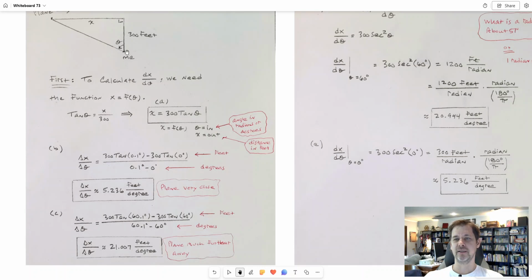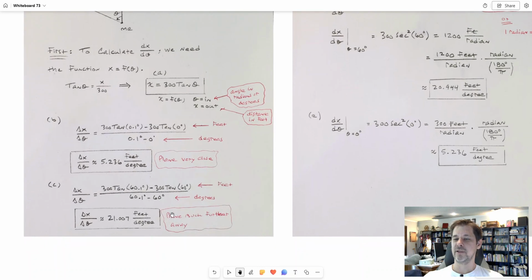If I was shining a laser pointer at a wall and my hand is not perfectly steady, that dot is going to jump around way more when I'm pointing further away versus when I'm pointing at a much closer spot. It'll just look like it's moving more. It's more sensitive to the wiggles in this angle if it's out there versus out there.